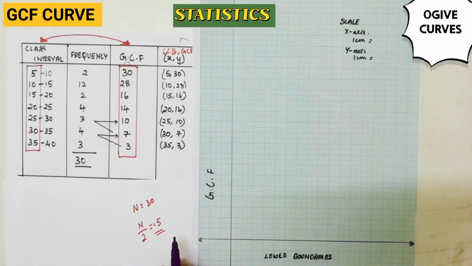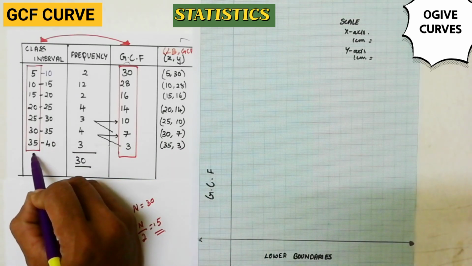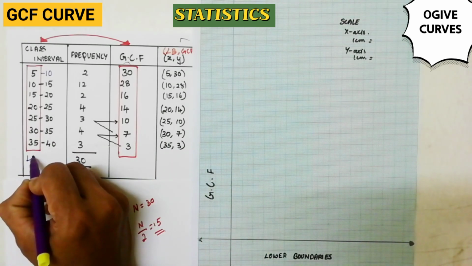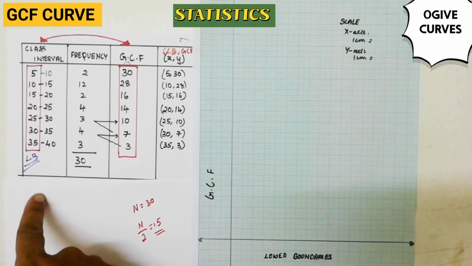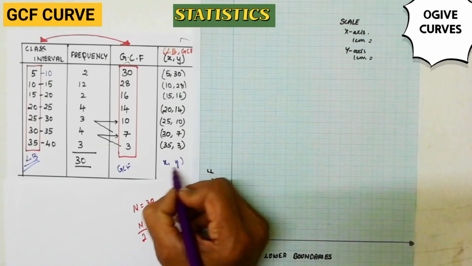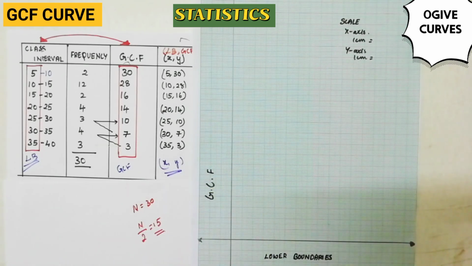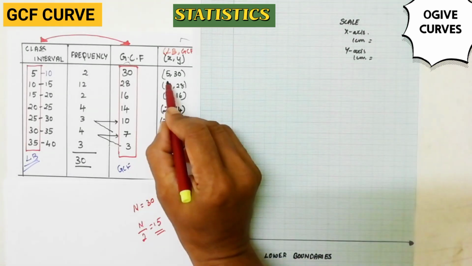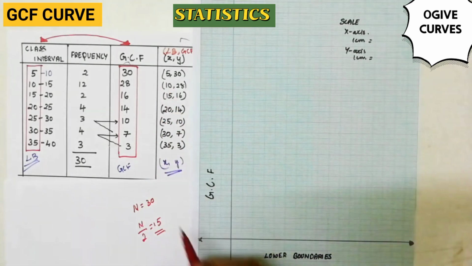Table is ready for us, but this time we are taking lower boundaries and GCF as x, y points, which are to be plotted on the graph. Now, same like our LCF, we are going to check the values. Minimum value is 5.